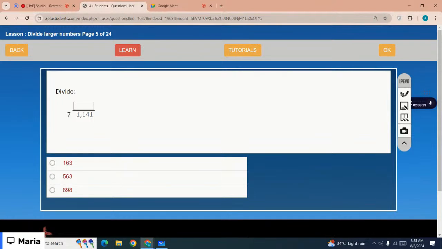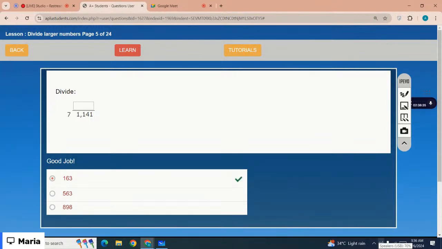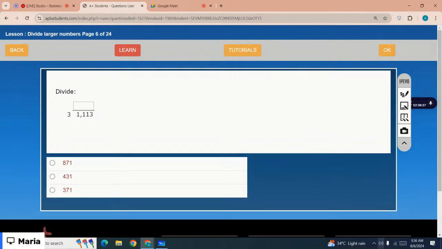That is 163, right? 1,113 divided by 3, which is the correct option?